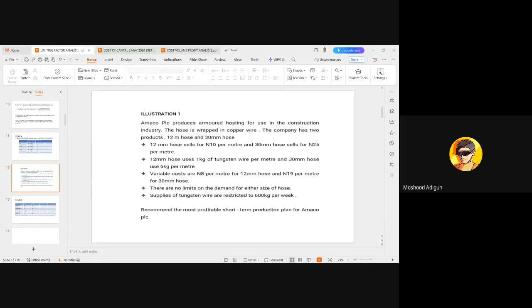Illustration 1. Amaco PLC produces armored hosting for use in the construction industry. The hose is wrapped in copper wire.